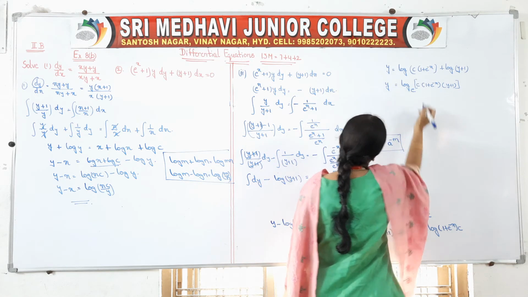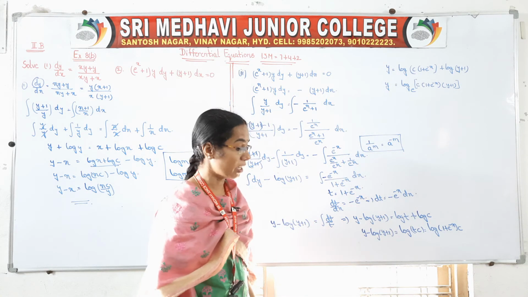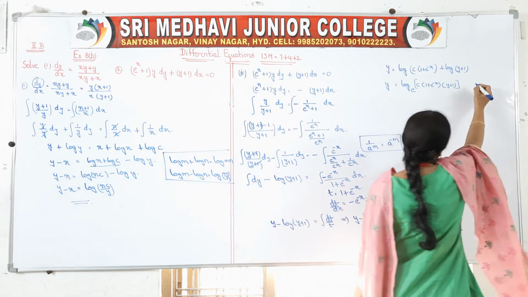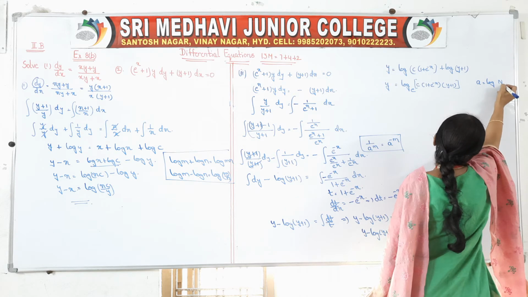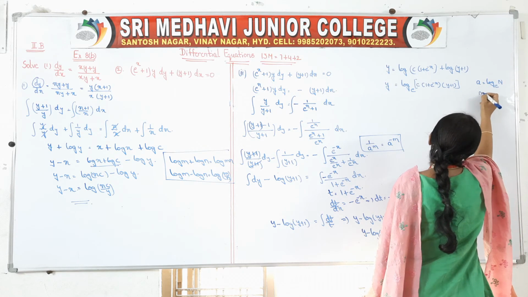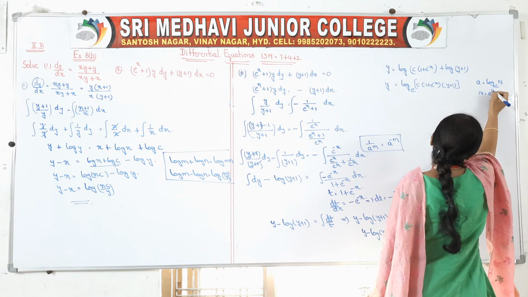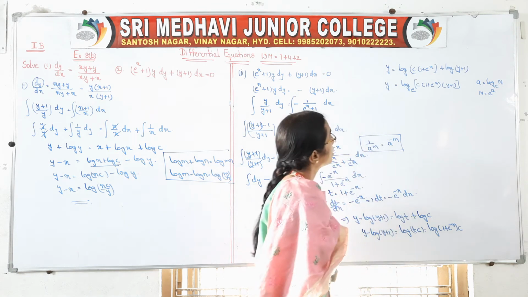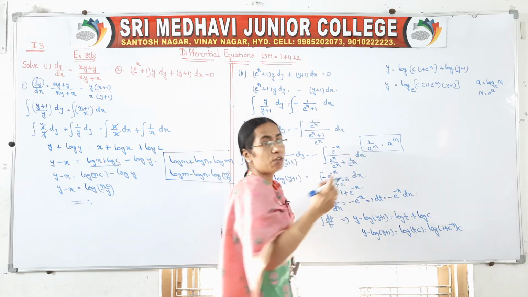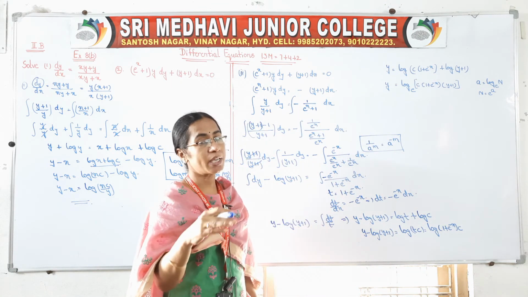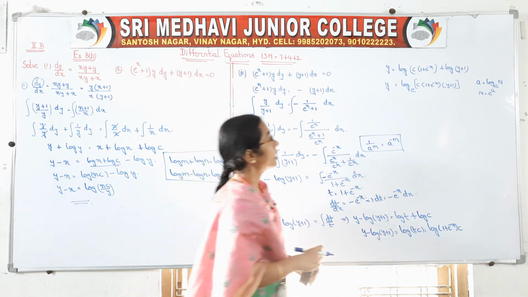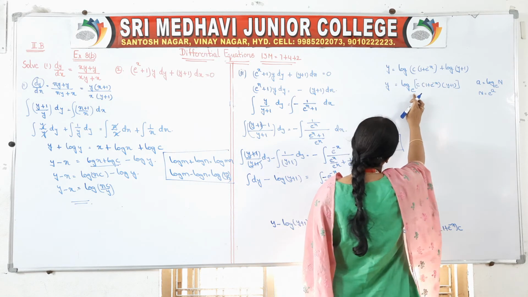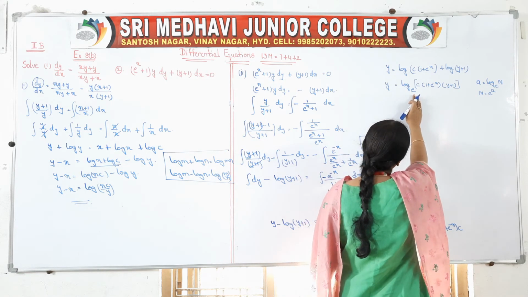Okay, so suppose there is one more formula in logarithms. If a is equal to log n base e, then n is equal to e to the power of a. So same thing you consider: if log is given, base e should be understood. So here e will be the base of the logarithms.